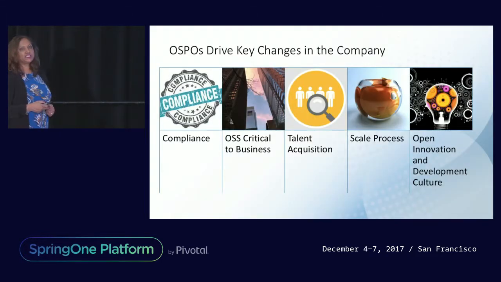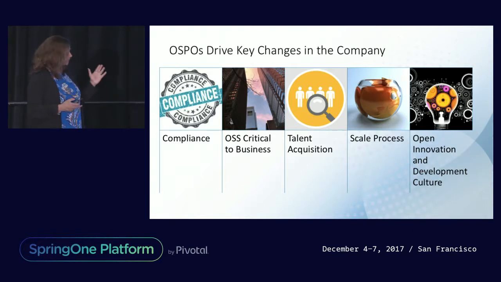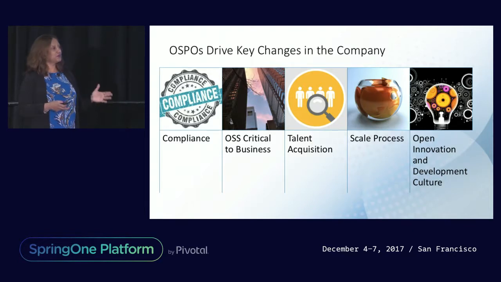Some of the key changes we've brought about: we really helped streamline the compliance process. Engineers, by nature, do not want any friction in the process. And our job is not to introduce any new friction. It's also to help them deliver products to their customers and not interfere with that process. So we've worked hard to streamline the whole compliance process.